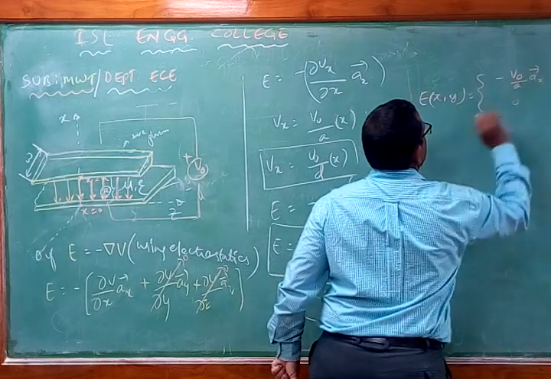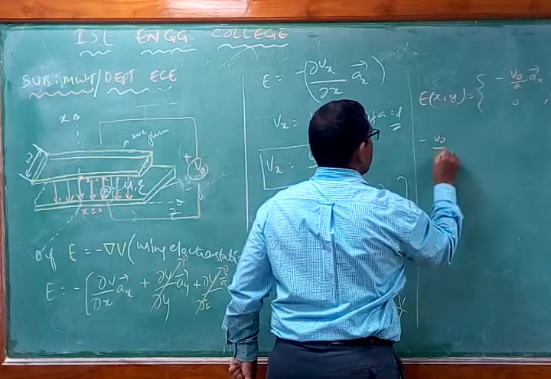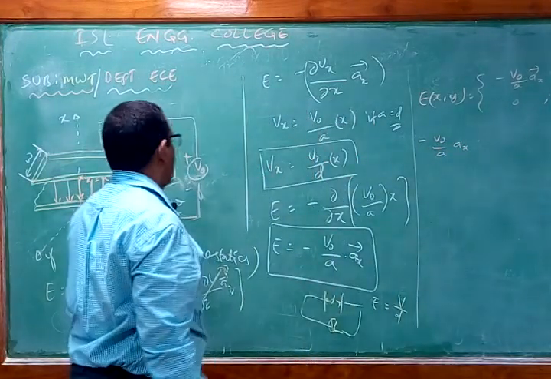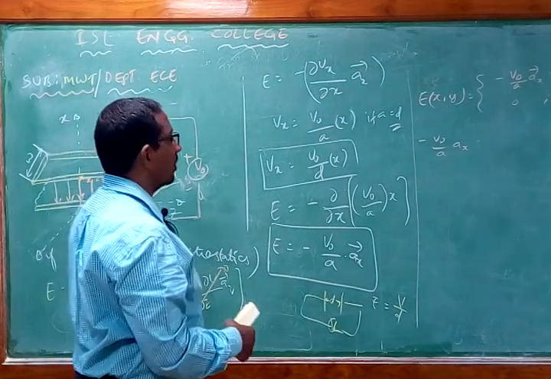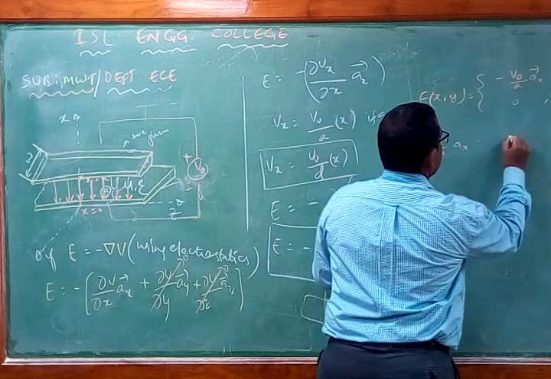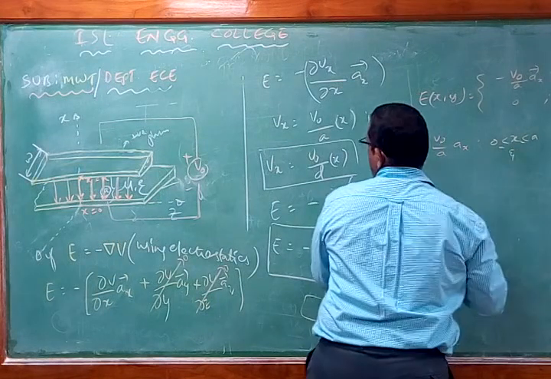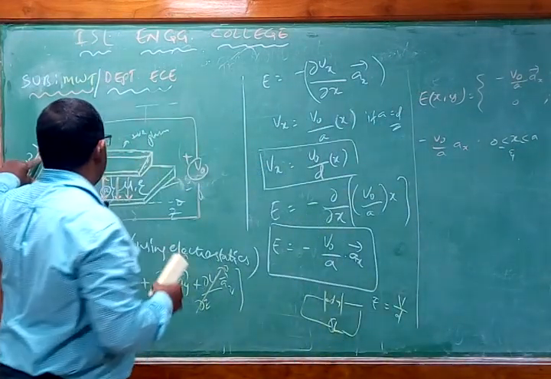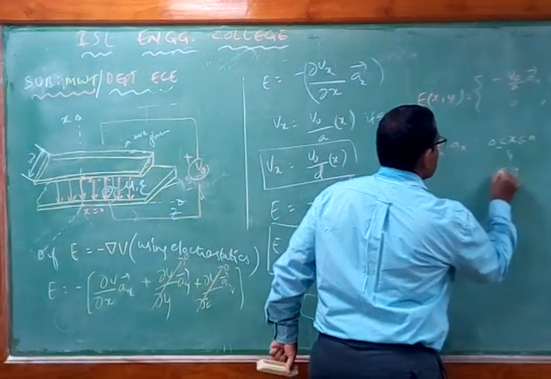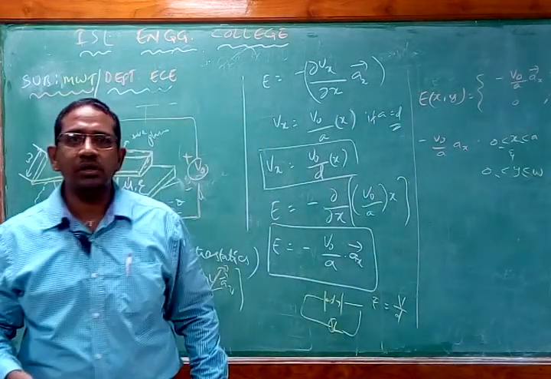the other component is 0. Now, what are the limits for this? Minus V naught by a Ax exists for x lying between 0 and a, and y lying between 0 and w, where w is the width of the plates.